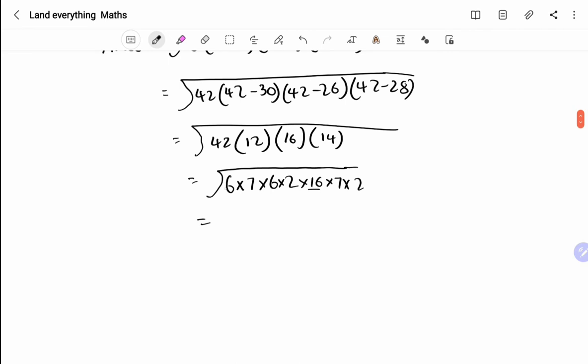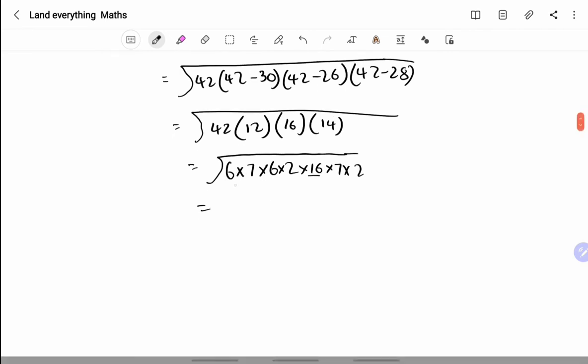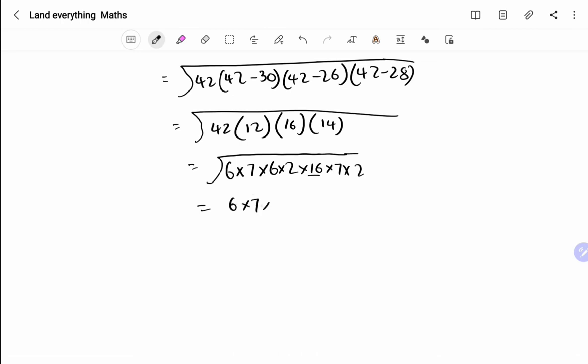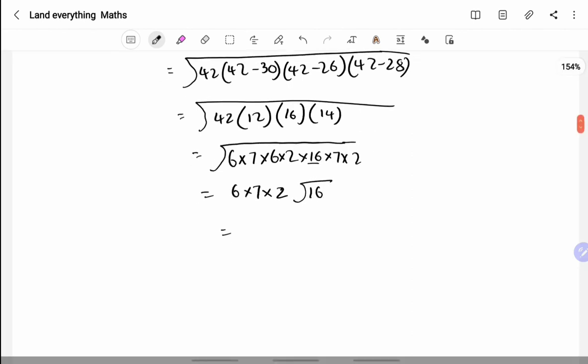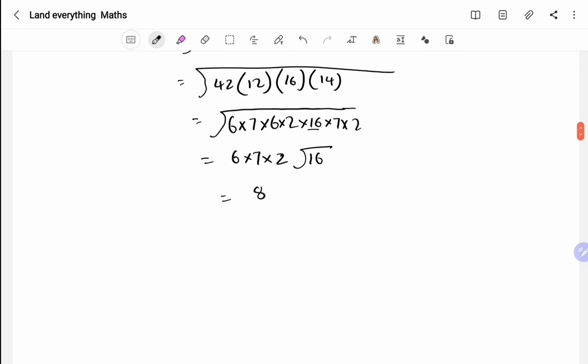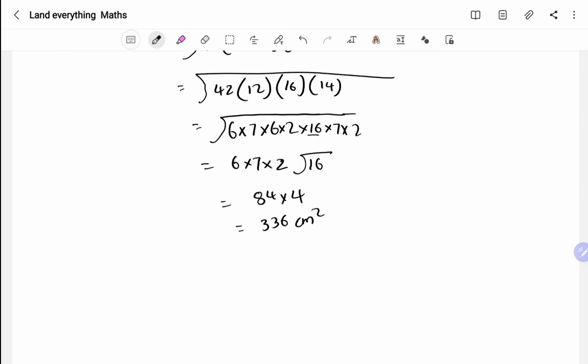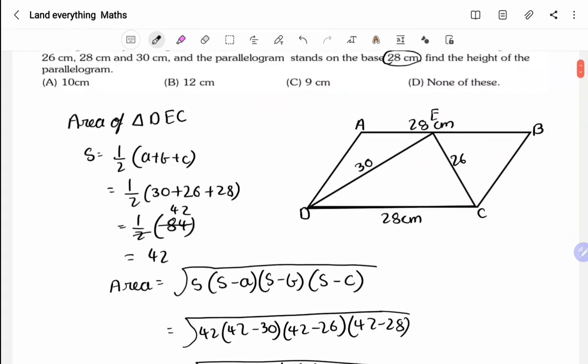So as there are 2 sixes, we can take 6 out of the root, and 2 sevens, 7, and 2 twos, 2, into root over 16. By solving 6 into 7 into 2, we get 84 into root 16, which is 4. 84 into 4 is equal to 336 centimeter square. We got the area of the triangle DEC.